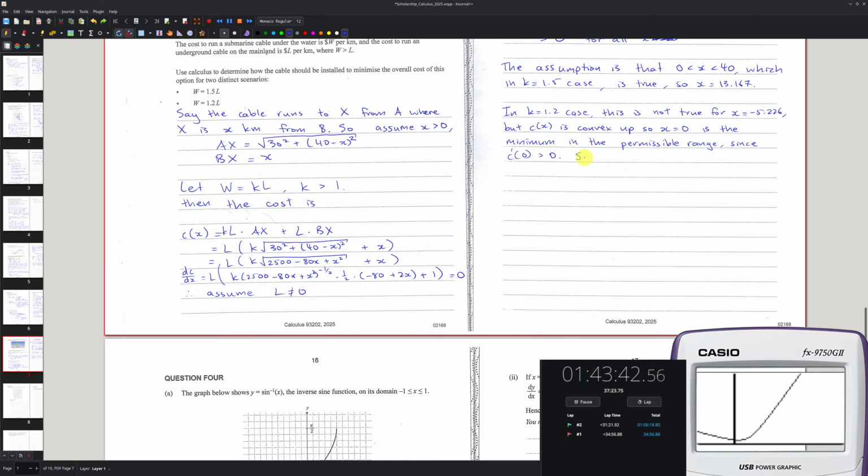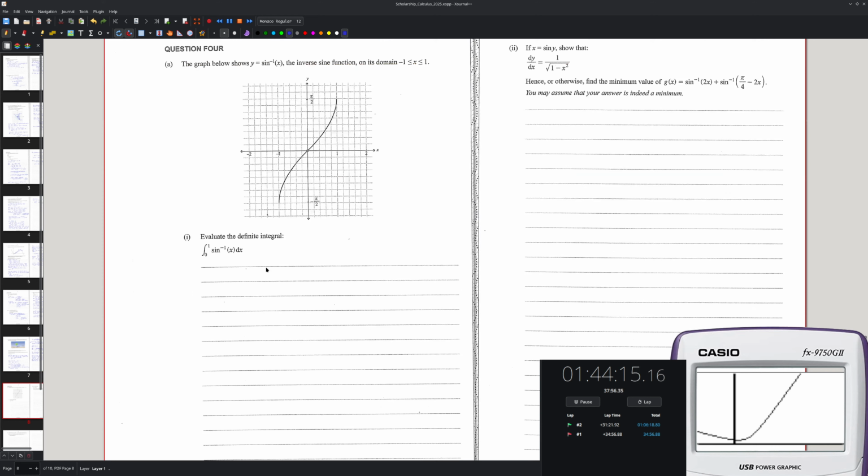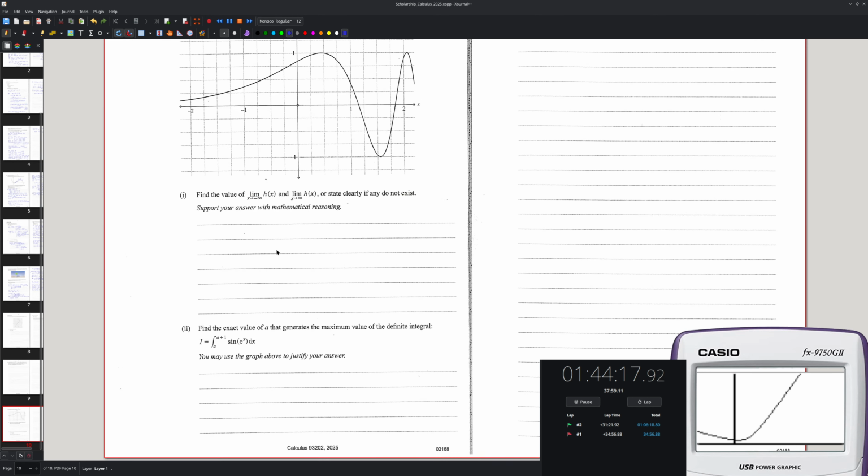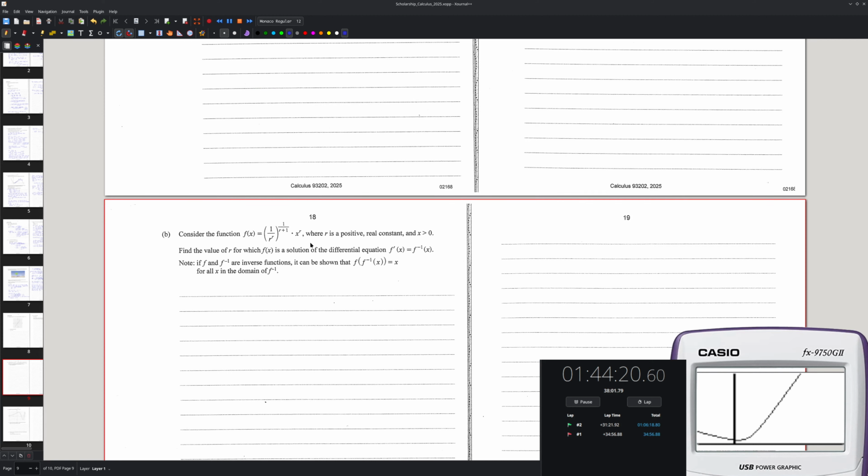So the solution with x less than 0 comes from the fact that bx equals x, whereas it should be bx equals absolute value of x. Because if you graph absolute value of x, then it's fine, right? So okay, we got 3 more pages. Holy.